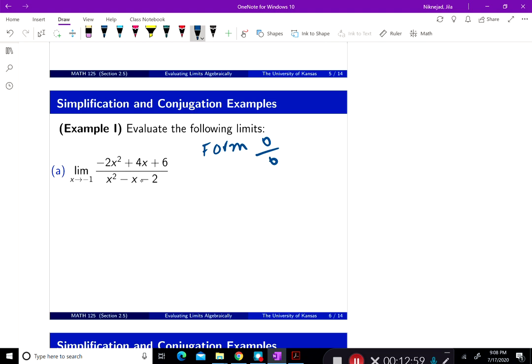Therefore, by factoring and simplifying, I will get rid of that, and then I can use the theorem, the statement that we used, by substituting with a simplified form.